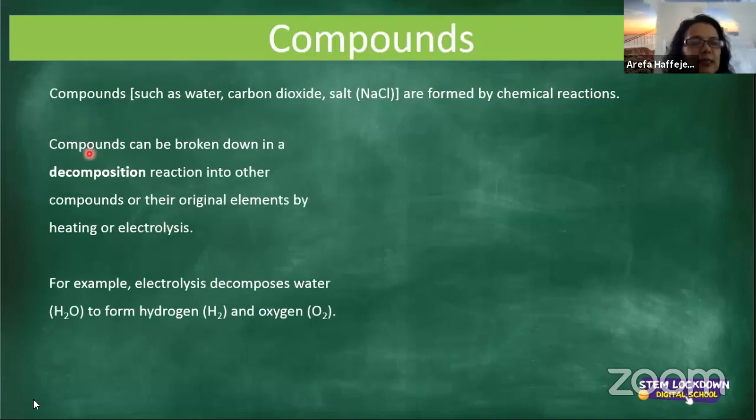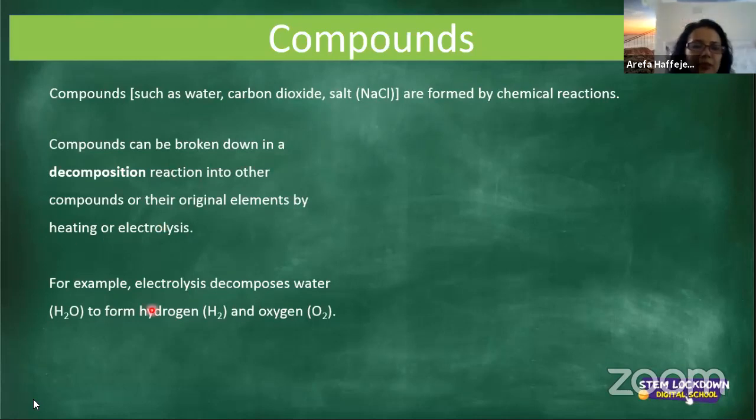I'm going to repeat that so I can explain it to you. Compounds can be broken down by a process called a decomposition reaction, and it is broken down into other compounds or their original elements, either by heating or electrolysis.